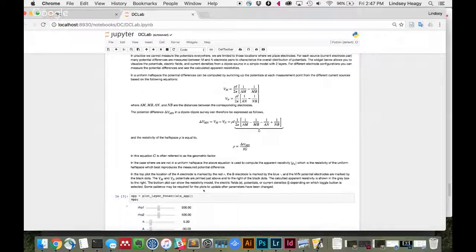I've got current electrodes, and I'm going to have potential electrodes M and N. So the distance between the current electrode A and the potential electrode N is given by this.